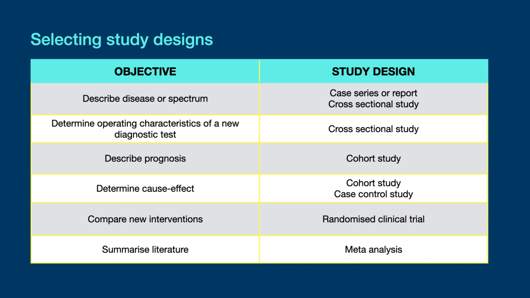To describe prognosis, a cohort study can be done. To determine cause and effect, a cohort study and case control study can be done. To compare new interventions, a randomized control clinical trial is the most appropriate study. And to summarize literature, a meta-analysis is done.